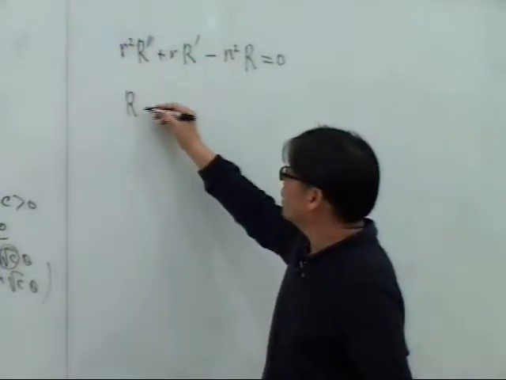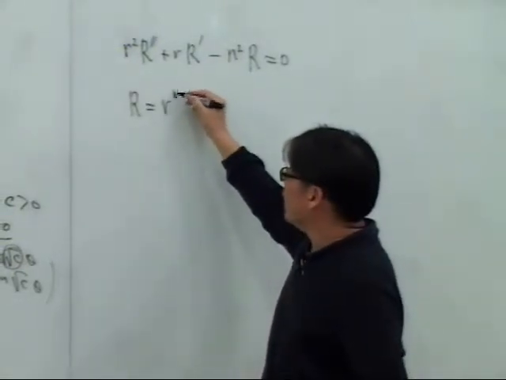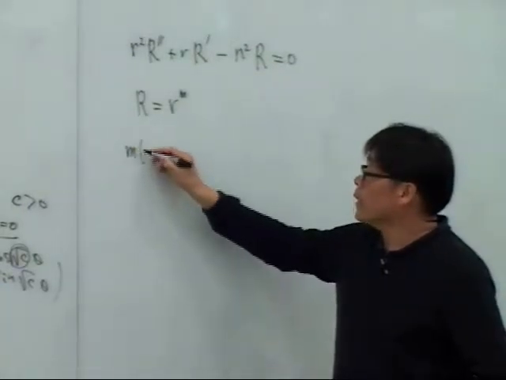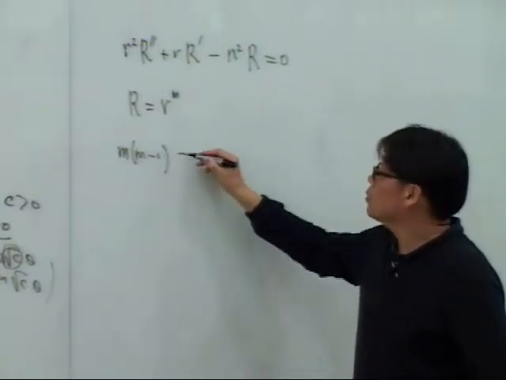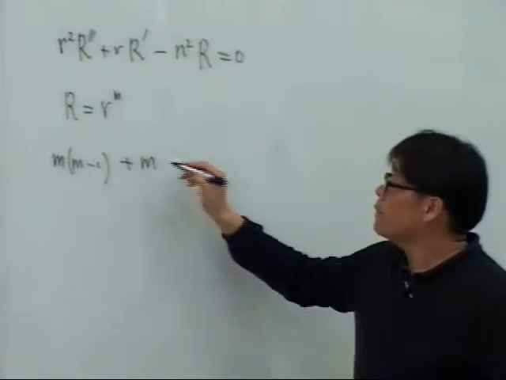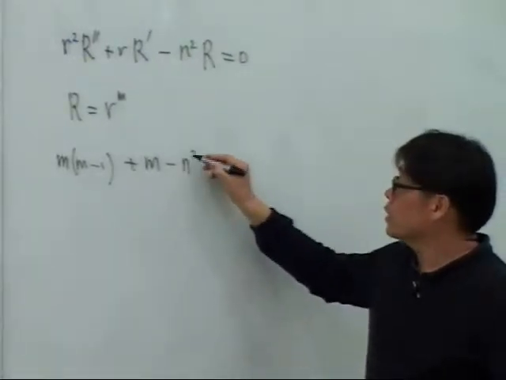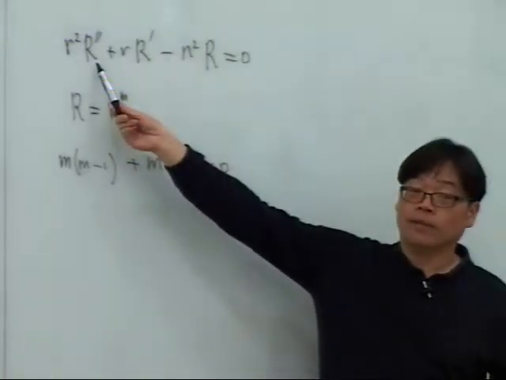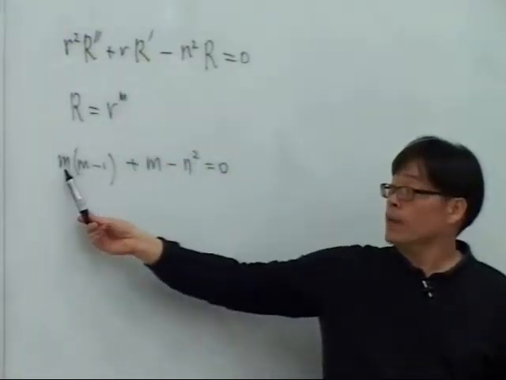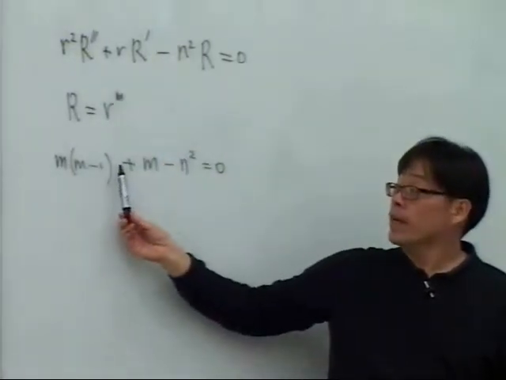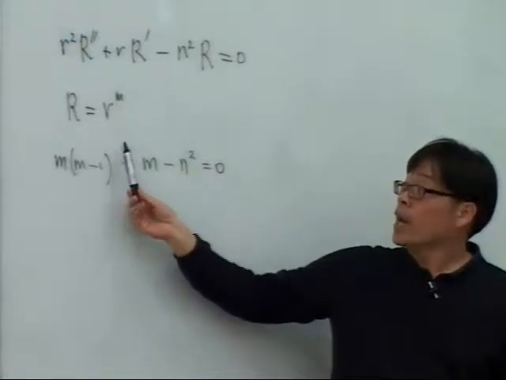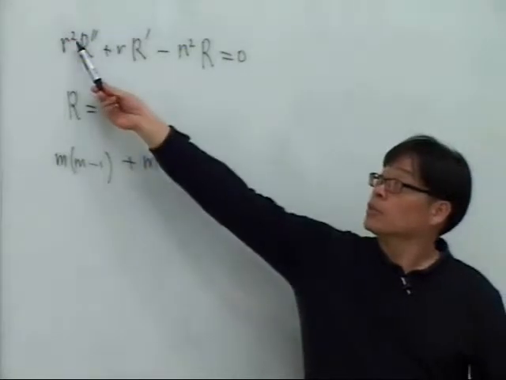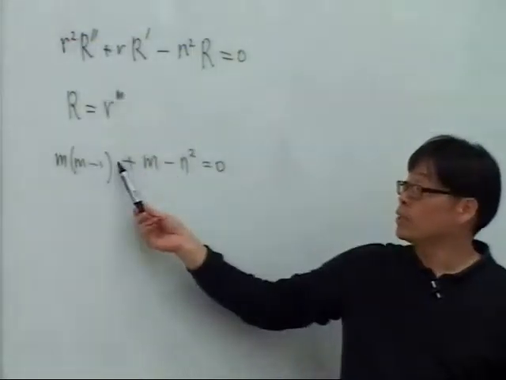We assume R is r to the mth power. And then m times m minus 1 plus m minus n squared is equal to 0. So I'm taking the second derivative, which will give m times m minus 1, and then I have r to the m minus 2. But I have an r squared here, so I end up with r to the m.